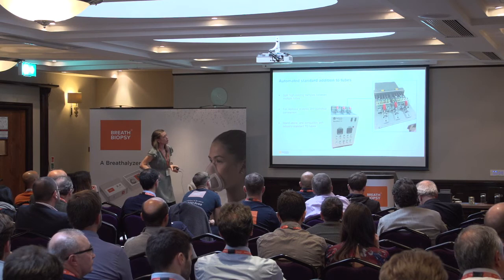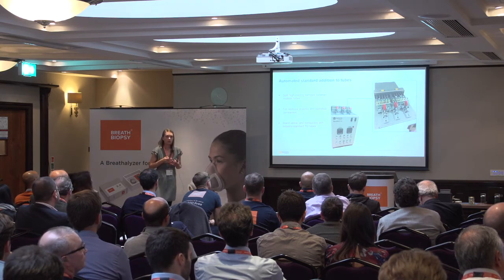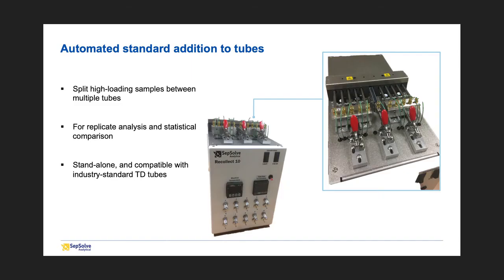What we have done at SEPSOLV as well is to take this a step further, so that if you have a high loading standard on one tube, you can use the Recollect 10 to be able to split that sample onto 10 tubes at once.